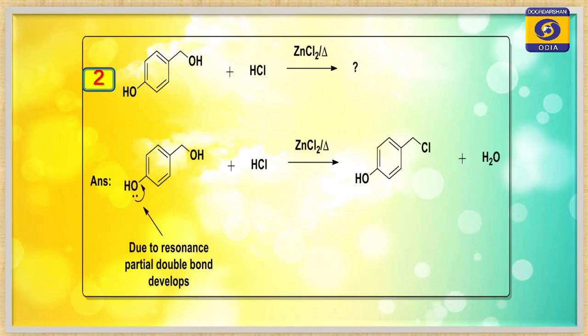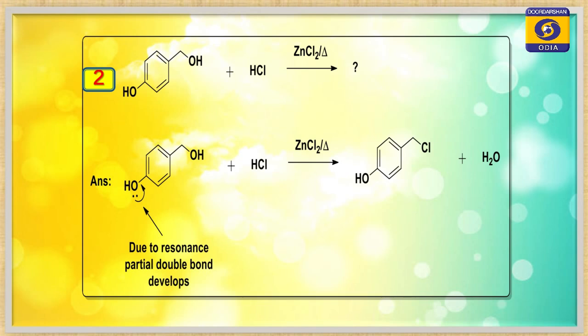Next question, question number 2. You see that there is a benzene ring system, and 2 OH groups are there. One OH group is outside the ring, one is attached to the ring. So, when you use ZnCl2 and HCl, the OH group which is outside the ring system, that is the CH2OH group, that OH group will be removed and Cl will attach.